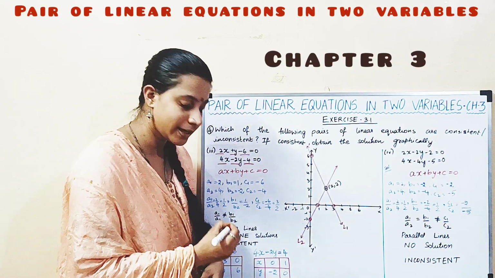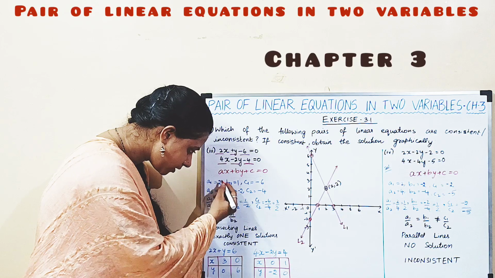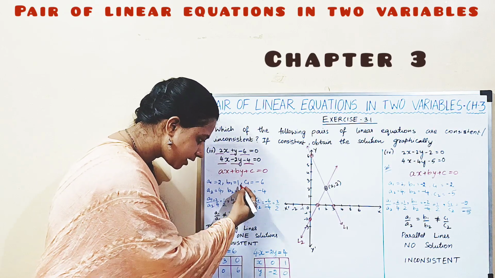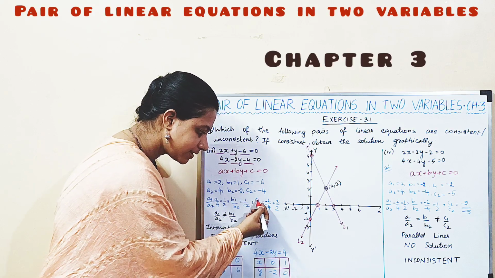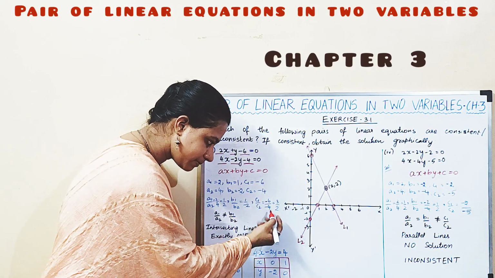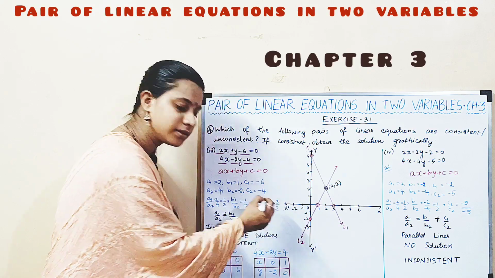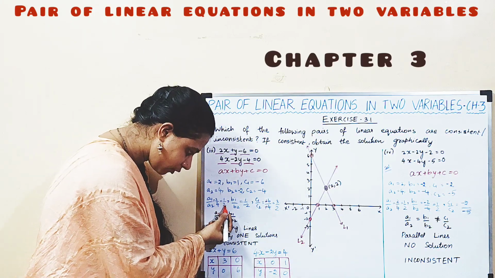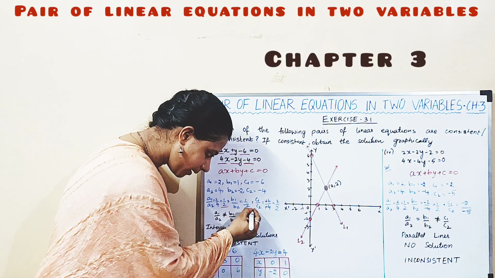Now we will take the ratios. a1 by a2 is equal to 2 by 4 is equal to 1 by 2, b1 by b2 is equal to 1 by minus 2 and c1 by c2 is equal to minus 6 by minus 4, which is nothing but 3 by 2. Here we can clearly see that a1 by a2 is not equal to b1 by b2.